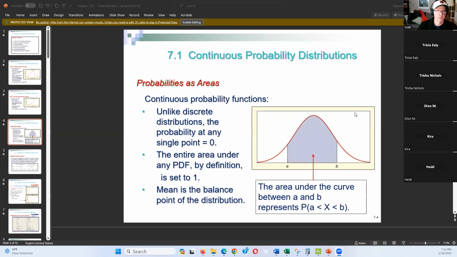Now, here, this is the most important difference between chapter number 6 and chapter number 7. And, like TT asked the question, on any single point in this chapter, the probability is 0. So whenever we deal with the continuous probability distribution, we always discuss one particular range, particular area, between 2 points. We don't discuss any value on one point.